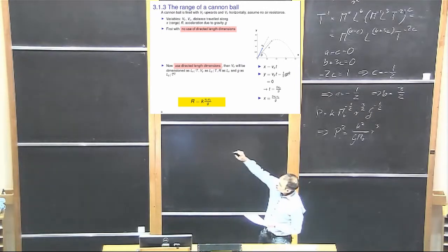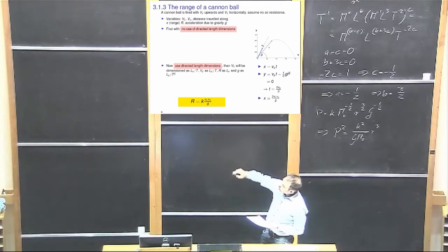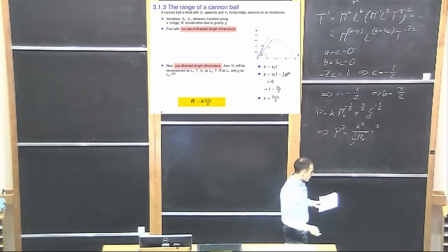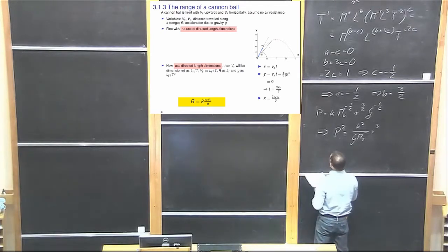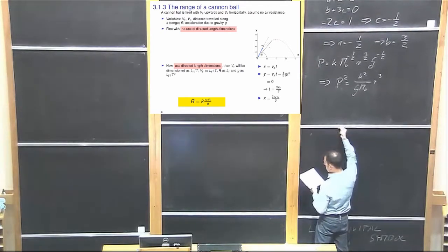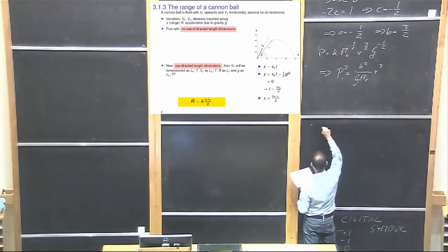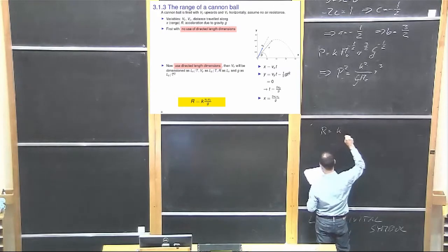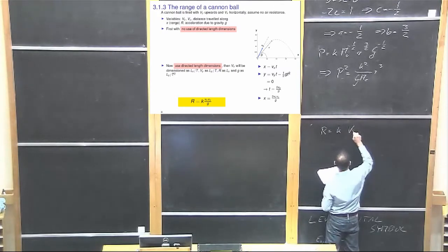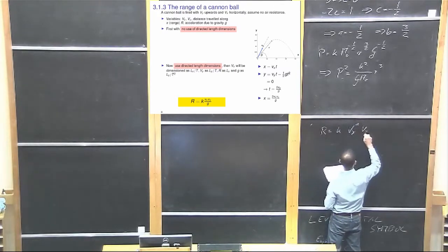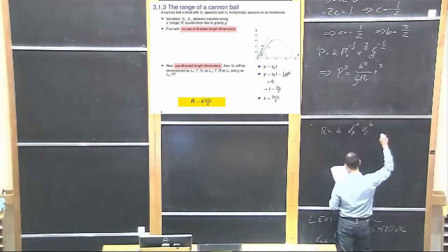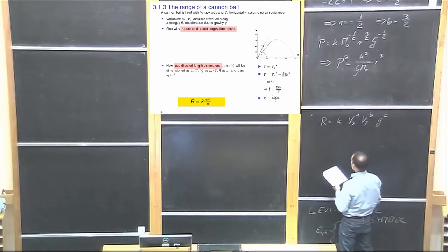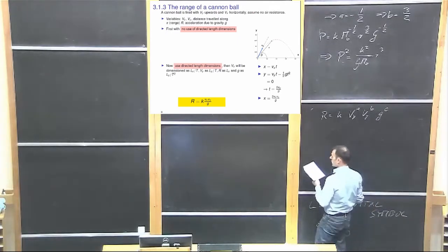Now, let's start first with what is called no use of directed length dimensions. So we're going to assume that it's just variable, the range when the cannonball hits the ground again, is our dimensionless variable, Vx to A, Vy to B, g to C, our dimensionless constants as usual.